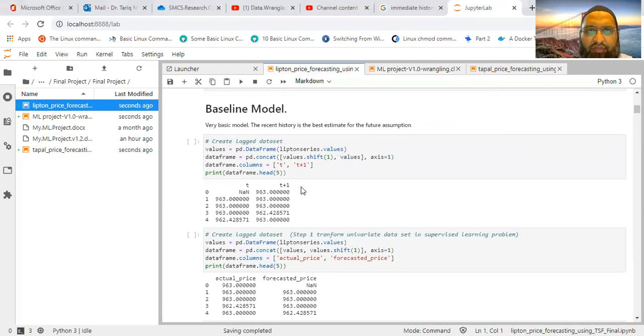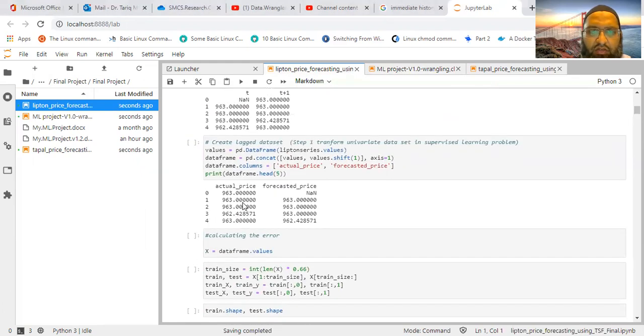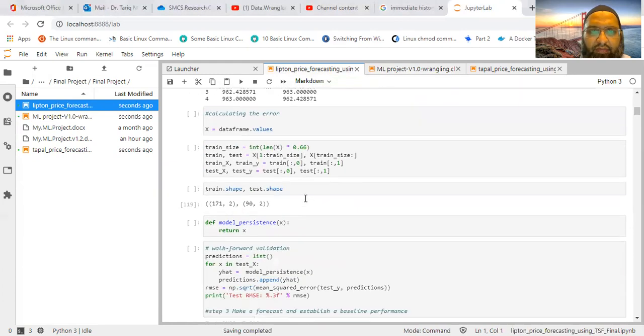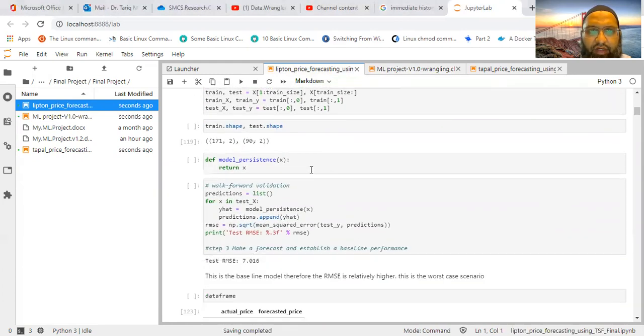So we have this baseline model. The assumption is that the recent history is the best estimate for the future. So we are just shifting one timestamp into the past, giving actual price and forecasted price like this. We split into train and test.